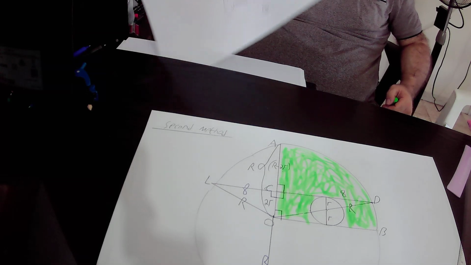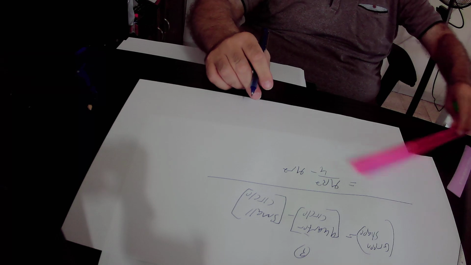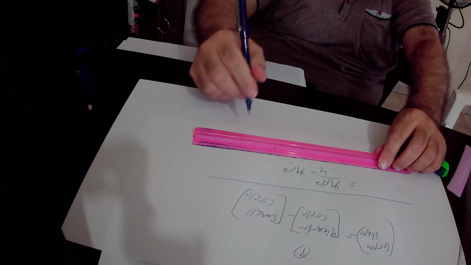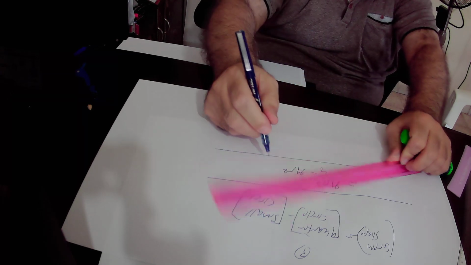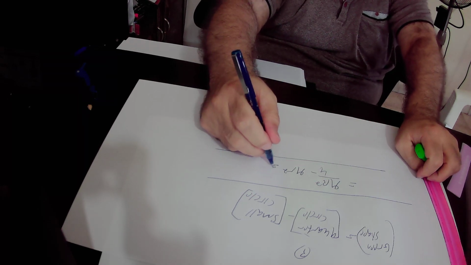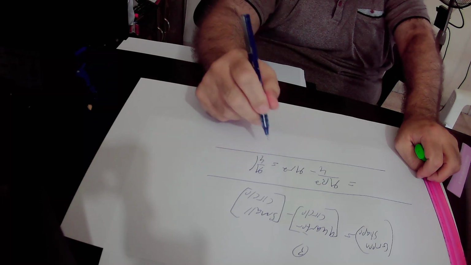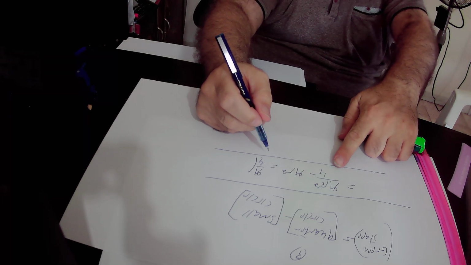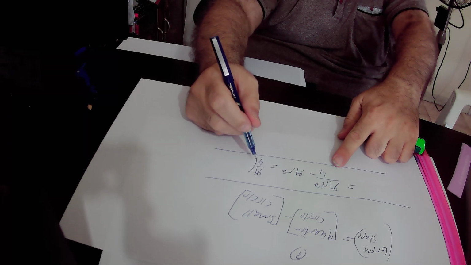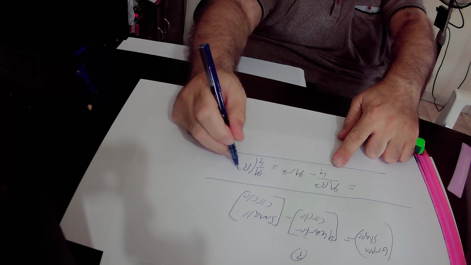Okay. So I found out that the area of the green shape equals pi times capital R squared over 4 minus pi R squared. Here we take pi over 4 as a common factor out of those two expressions. What is left from pi capital R squared over 4 is capital R squared.